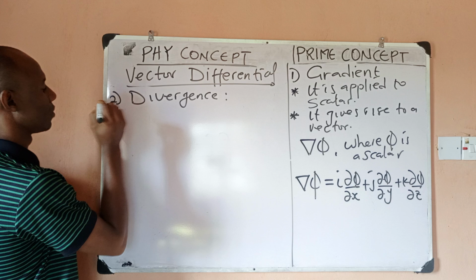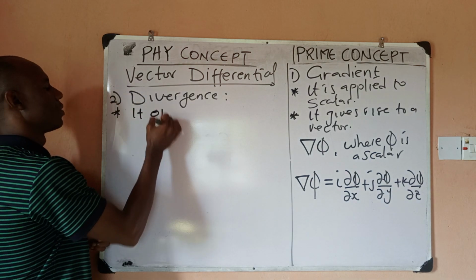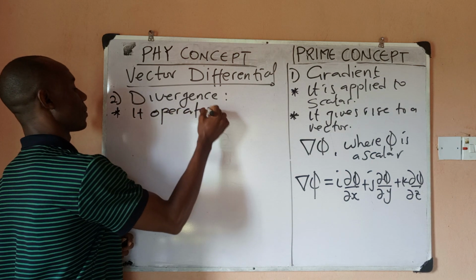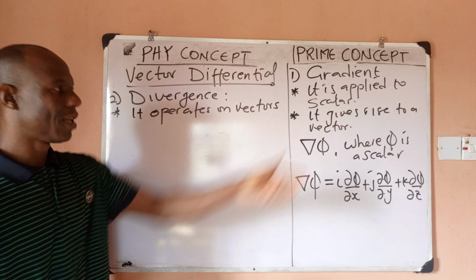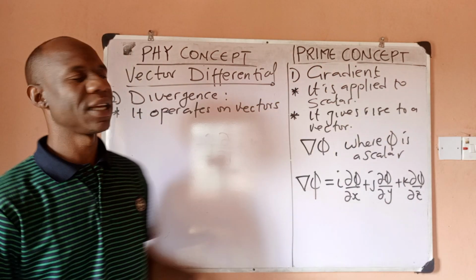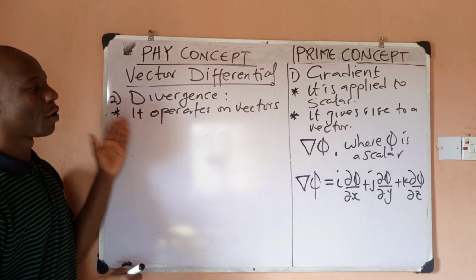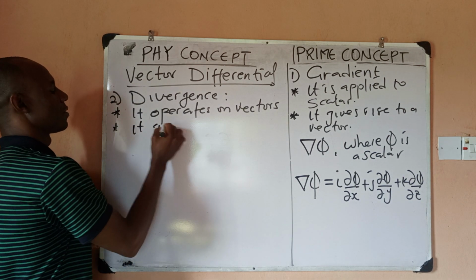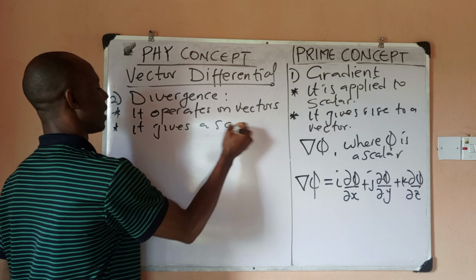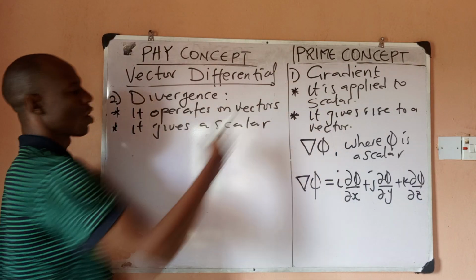Divergence operates on vectors. Very importantly, while we have noted that gradient operates on scalars, divergence operates on vectors, and the result it gives is a scalar. So you can see they look opposite.